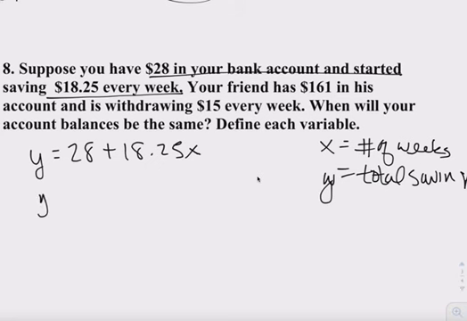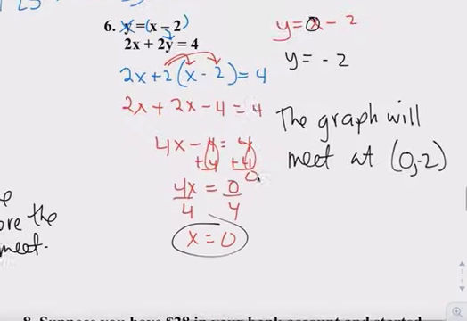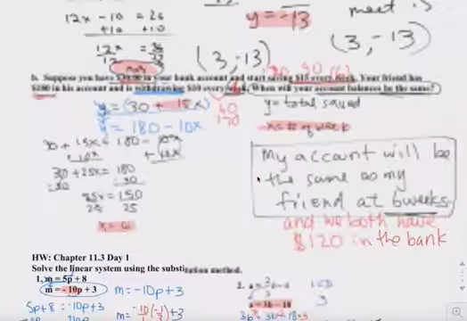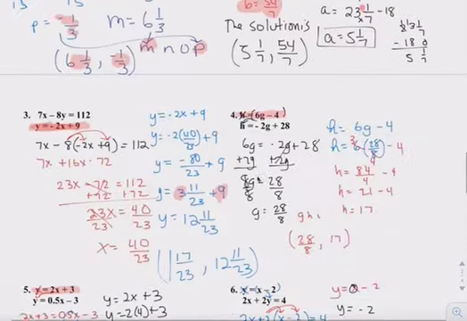And your other friend starts out at $161 and withdraws 15x. Then you set up the equation. That's just like the one up here. I'll let you finish this amount of money there.